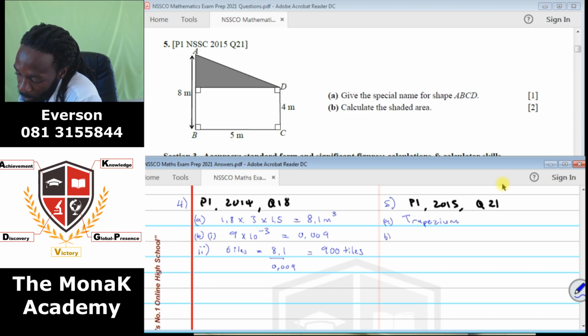And then part B, calculate the shaded area. Okay, the shaded area is a triangle. And we know our rectangle BCD has got 5 centimeters long and 4 centimeters high.